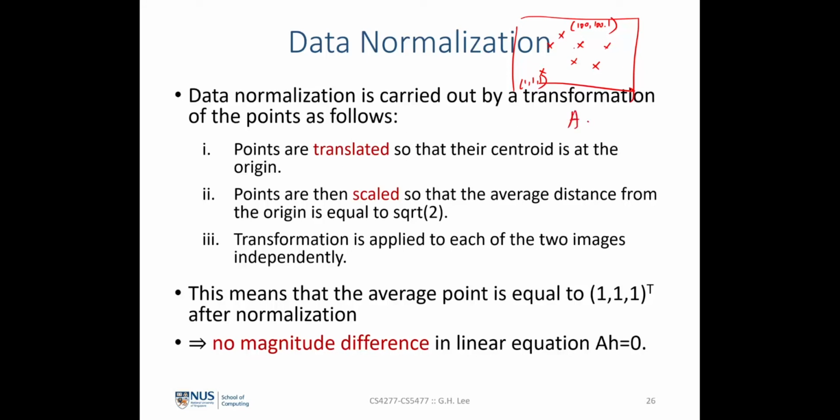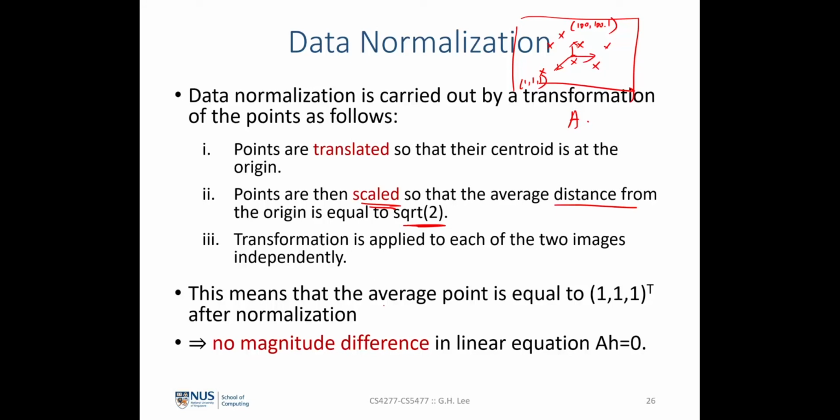So we are going to first centralize all these points with respect to their centroid as the reference point, so that they are all centered at this centroid. And then the next thing is that we are going to prevent some points from being too far away from each other by applying an overall scale such that the average distance of all the points to the centroid is equal to the square root of 2, and the transformation is applied to each of the two images independently.